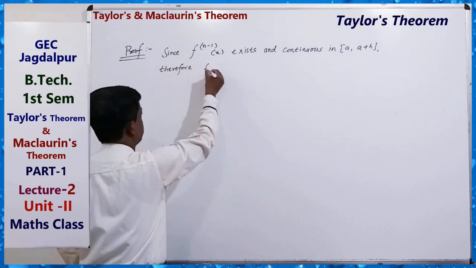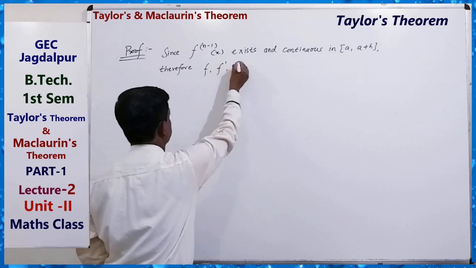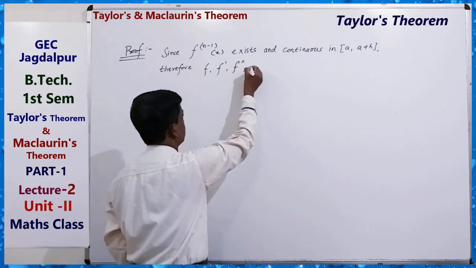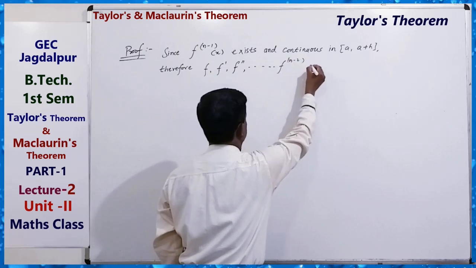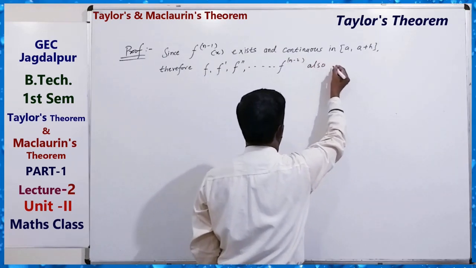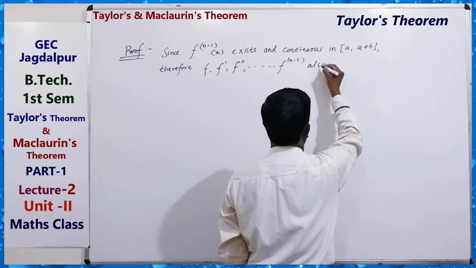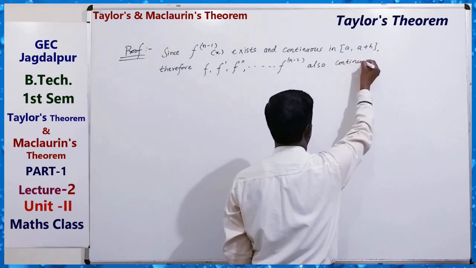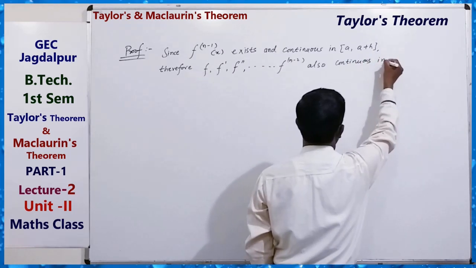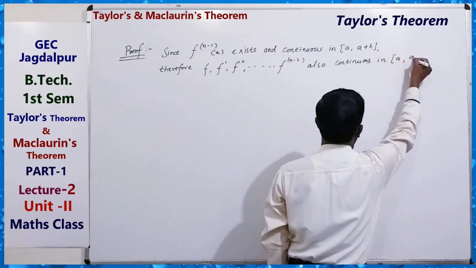Therefore f dash, f double dash, up to f^(n minus 2) are also continuous in a to a plus h.